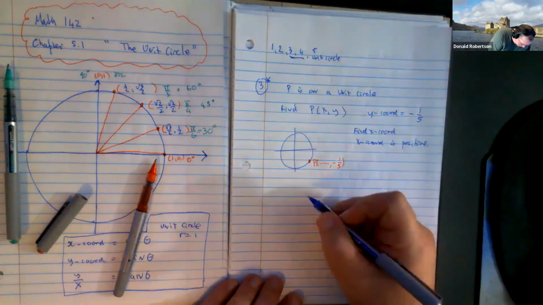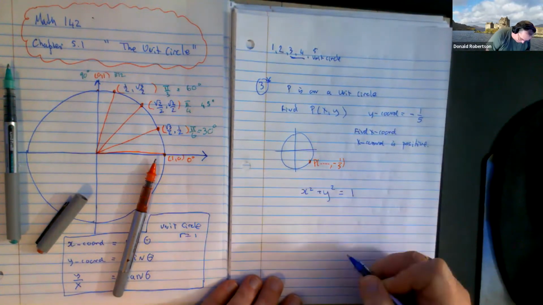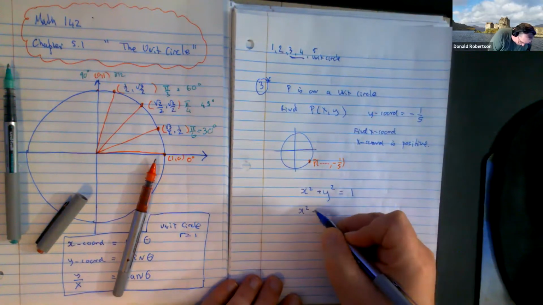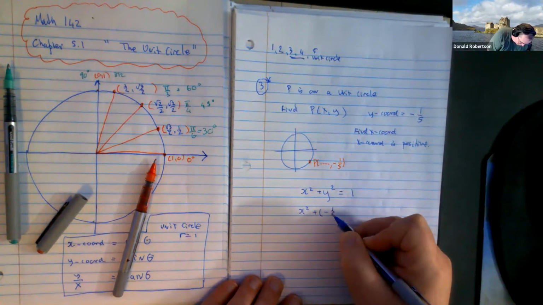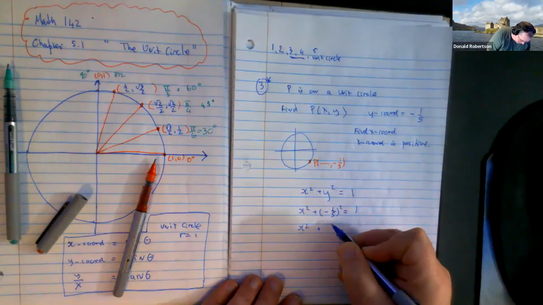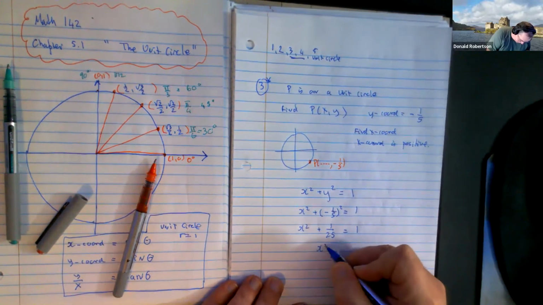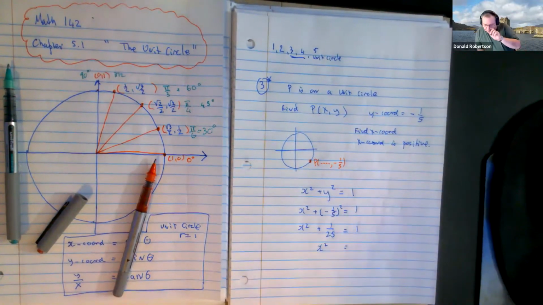Now the equation for a unit circle, x squared plus the y coordinate squared equals 1. And things are going to get messy in a few seconds. What do I do to both sides to find x squared?